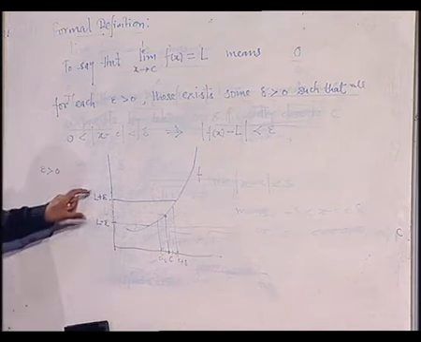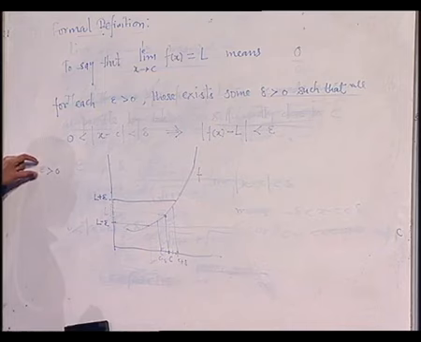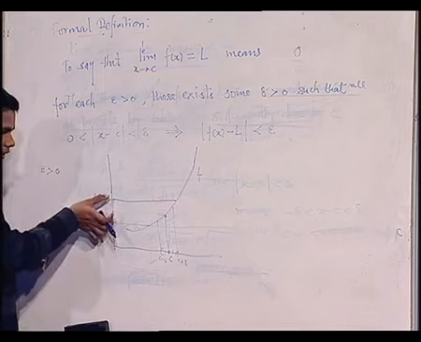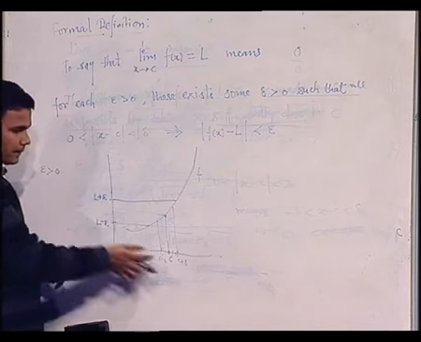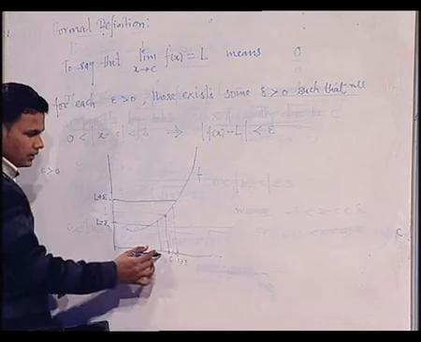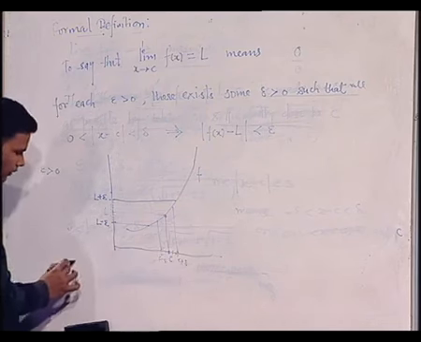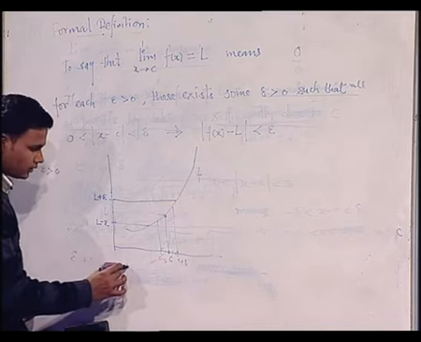Now when epsilon is very small, or when it reduces, this strip size reduces, and this forces the delta to reduce towards 0. So when epsilon tends to 0, delta also tends to 0.